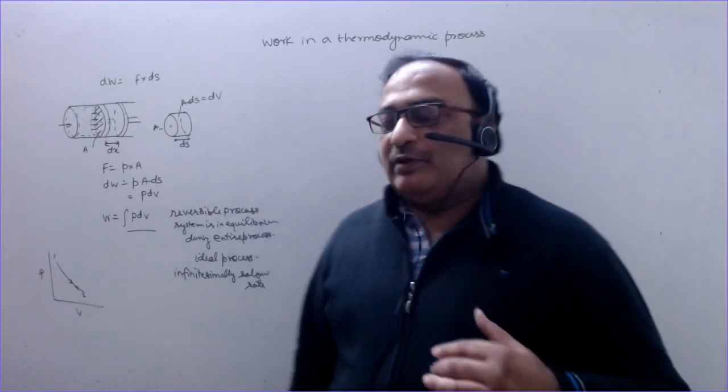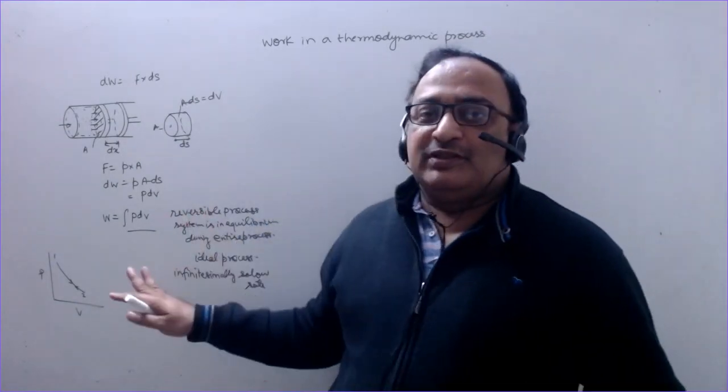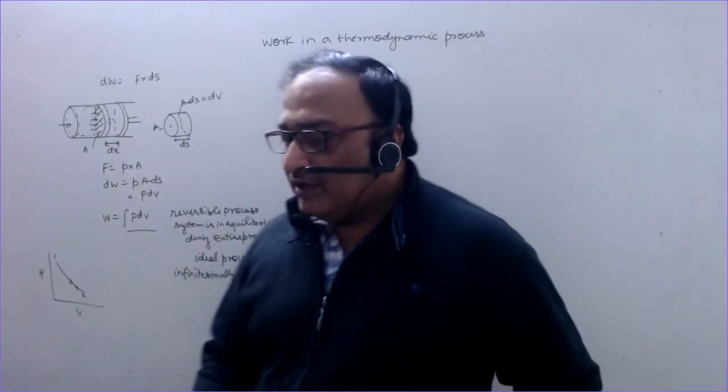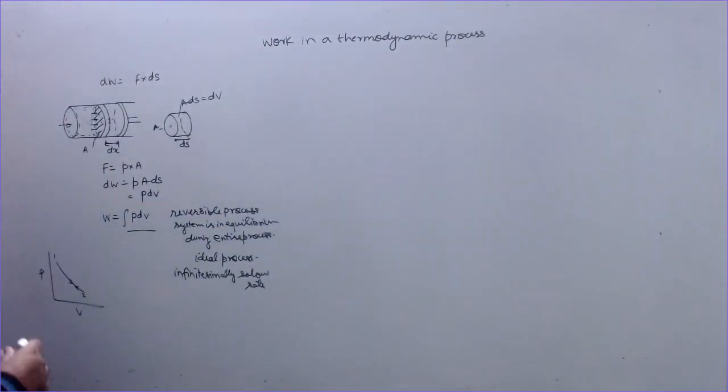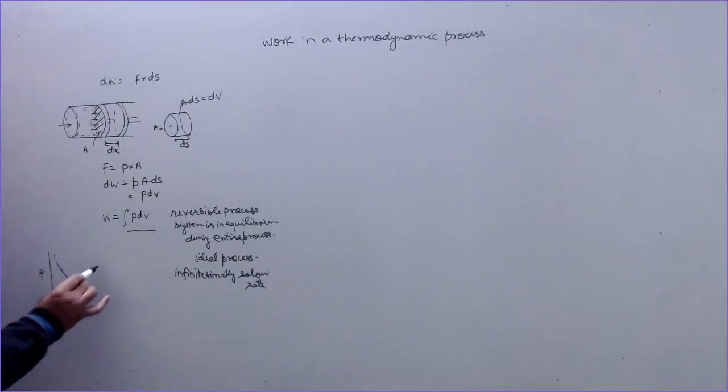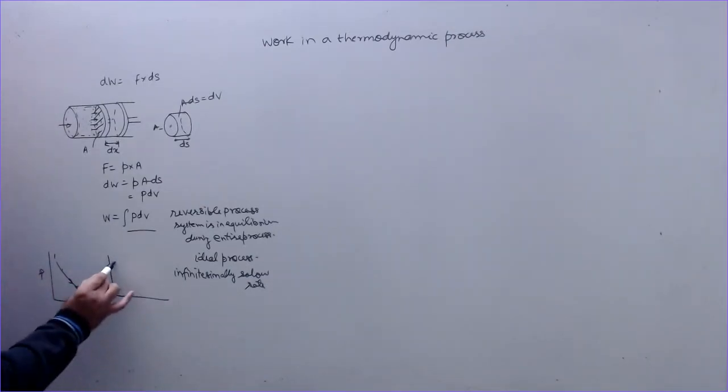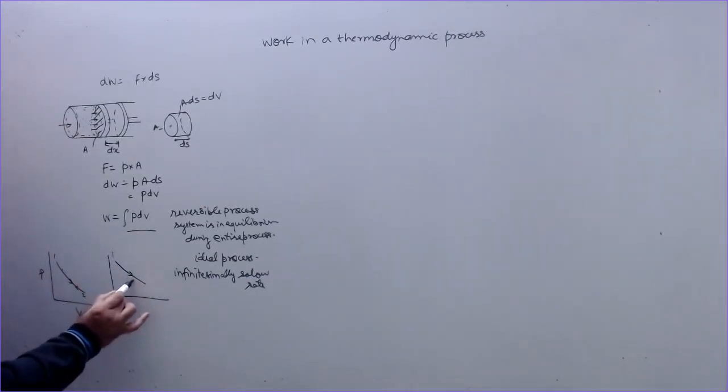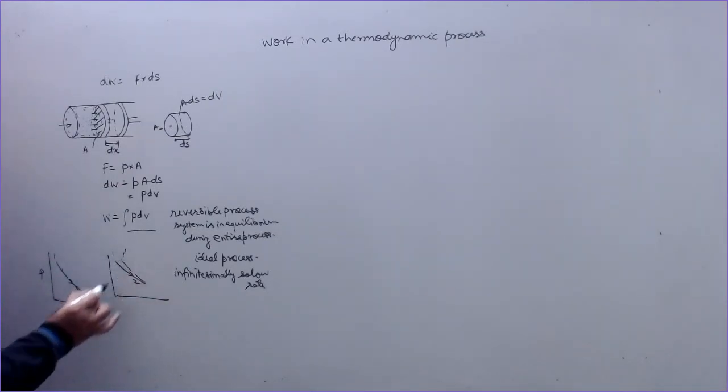So a reversible process is one during which the system is in equilibrium everywhere, and these points can be retraced. But if the process is irreversible, then you move from 1 to 2 like this, start from 2 to go to 1 again, and you will reach this point 1 dash because of the friction. So this is an irreversible process.